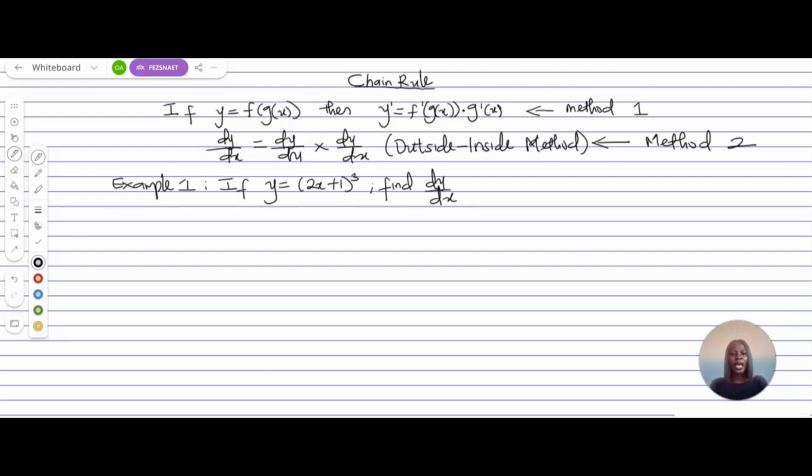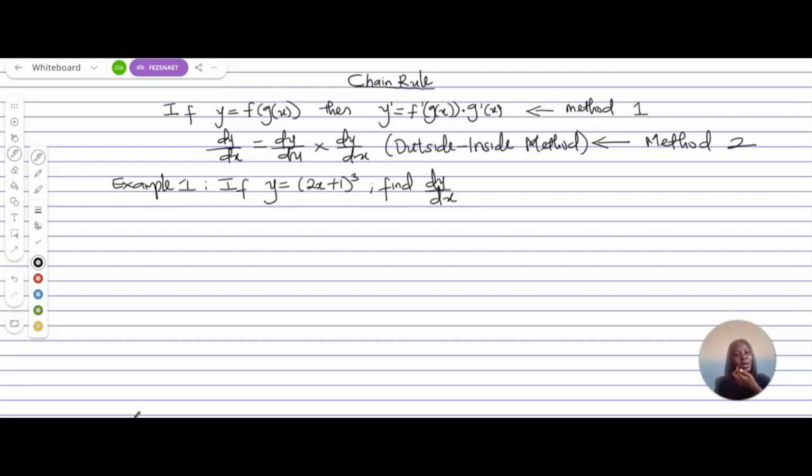If y is equal to f of g of x, then the derivative of y is simply the derivative of f, all in brackets g of x, then dot the derivative of g with respect to x. That's the first method. But I'll run you through the second method so that it makes it much easier for you to relate with.